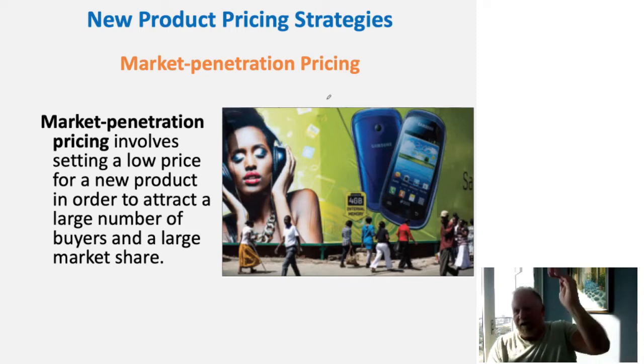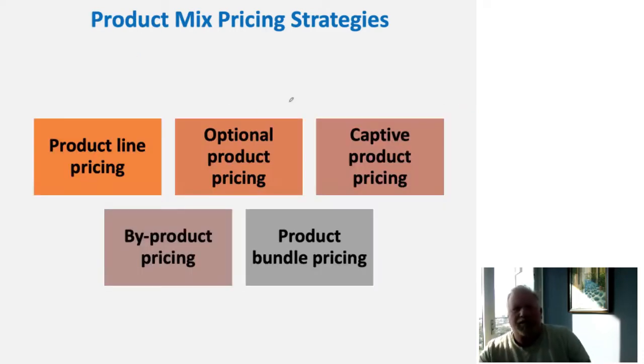So we learned about skimming and we learned about penetration, which are two differentiating strategies. When we think about product mix pricing strategies, I want to talk about 5 particular ones with emphasis on a few of them. We're going to talk about product line pricing, where we think about more than one product that we represent and how we manage this line.